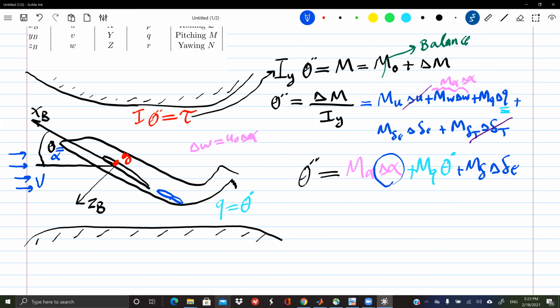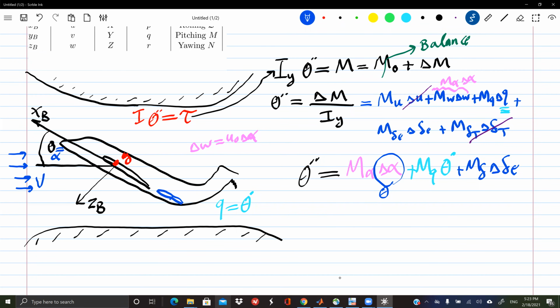What's alpha in this example? Frankly speaking, alpha is simply theta. In general, they are not the same, but in this example, because the airspeed is strictly horizontal, the angle between the body and the horizon is the same as the angle between the body and the velocity, right? So theta is alpha. Very good.